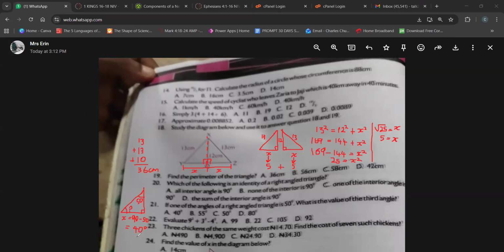We're only looking for the other ones that are not 90 degrees.